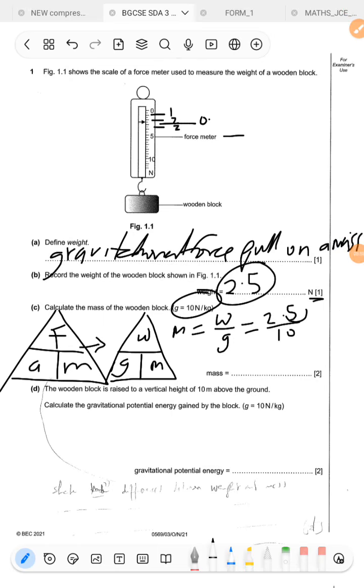So we're dividing, so we move the decimal place in front, so that our answer is 0.25. What are the units for mass? It's going to be kilograms, because this is 2.5 newtons and this is 10 newtons per kg. So the newtons cancel, and we're left with kilograms.